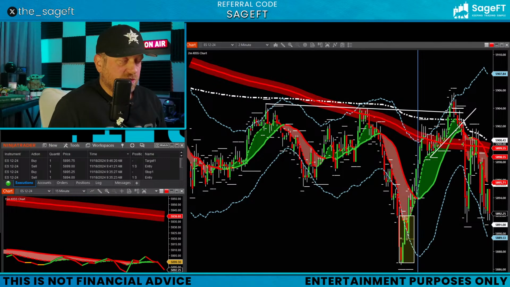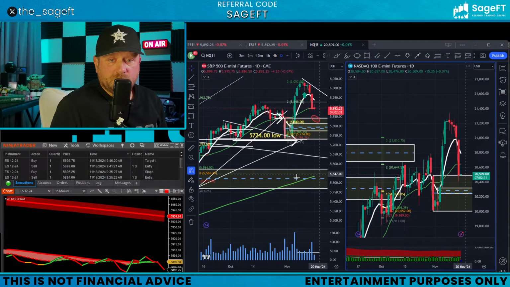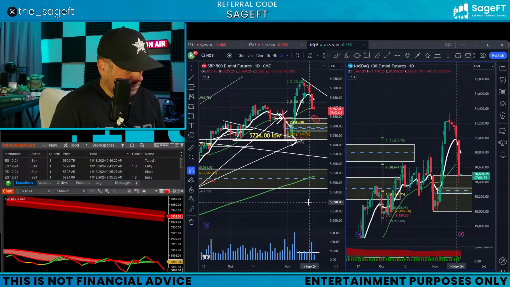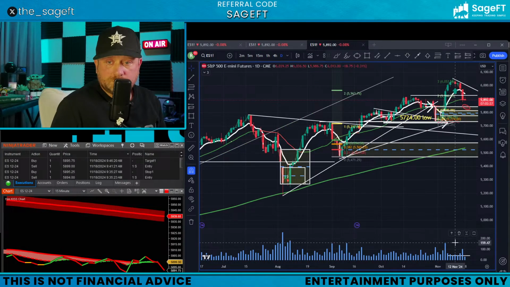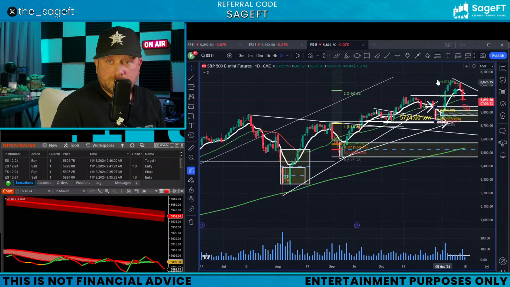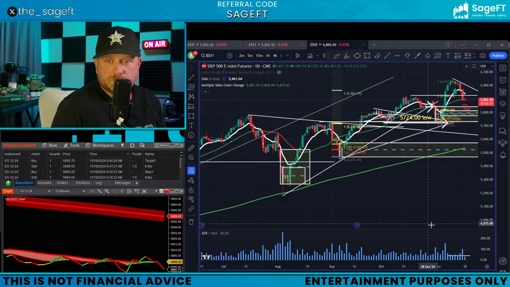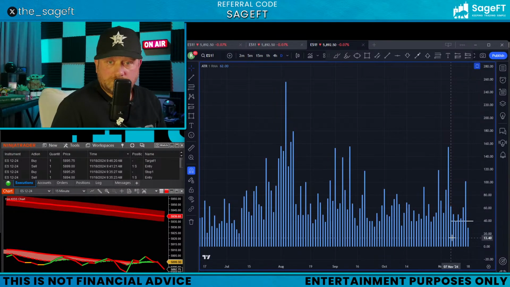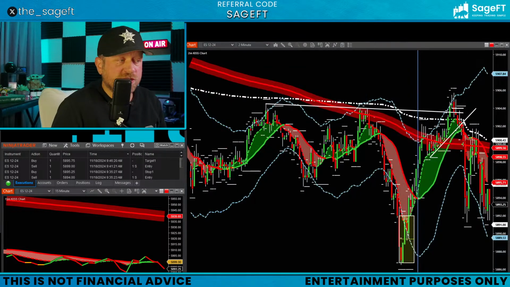Being narrow range really screws all of this up. $39.75, and we're at 29. So we need 10 3/4 points of range expansion, either downside or upside. It doesn't matter.